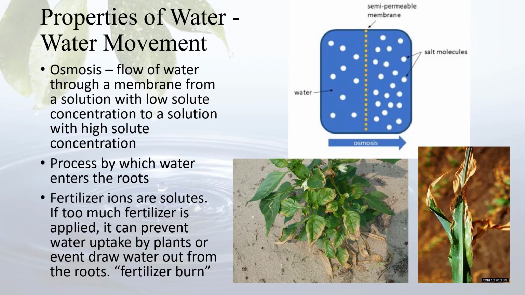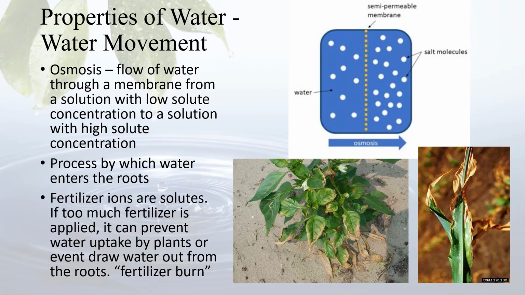Typically, we have a bunch of mineral ions in our plants, and that's going to lead water to flow into it. But if we get a buildup of fertilizer on this side, it can prevent this osmotic process, and we can actually see the reverse, and water can flow out of our plant. And we see this sometimes in our plants, and what we see is fertilizer burn.